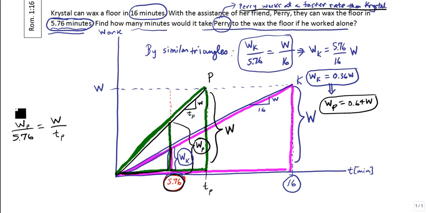But we do know one other thing here. We know that W sub P is equal to 0.64 W. We know that from this relationship right here.